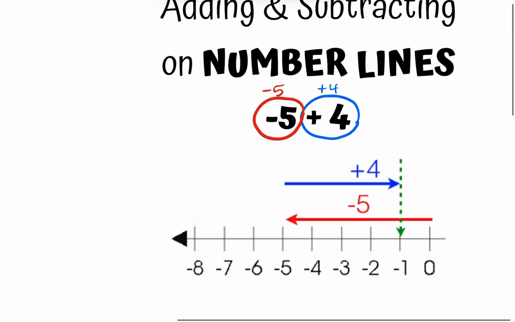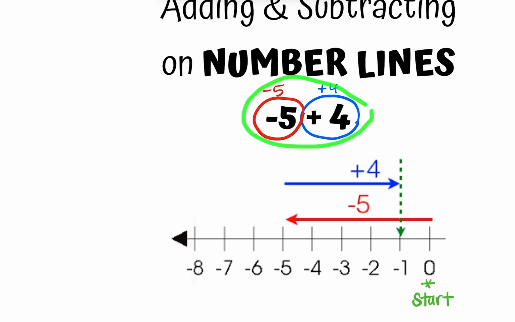So one of the big things that you need to remember is that no matter what, all number lines have to begin at 0. You're going to start at 0, because in this problem we're looking at, we start with nothing, right? We have nothing, and then we're going to subtract 5 and add 4. That's what's happening.